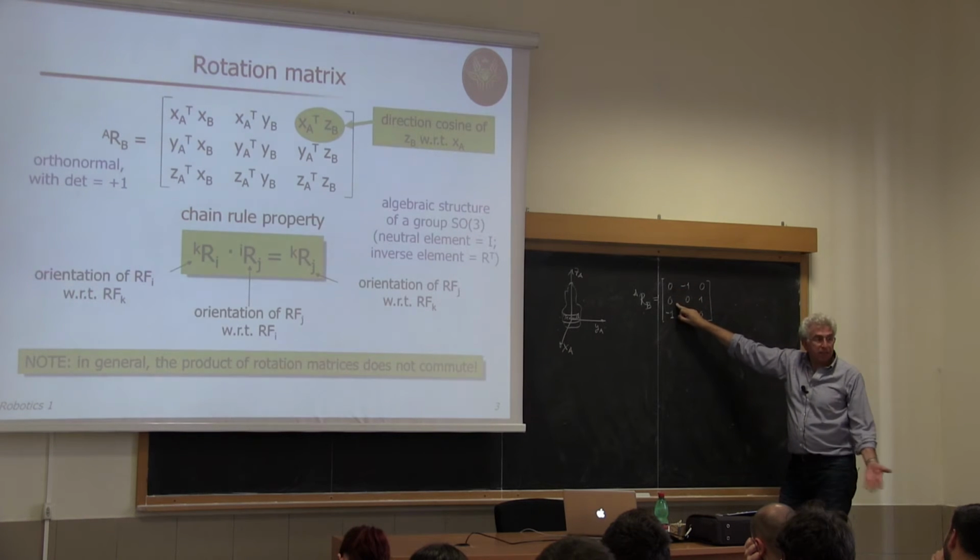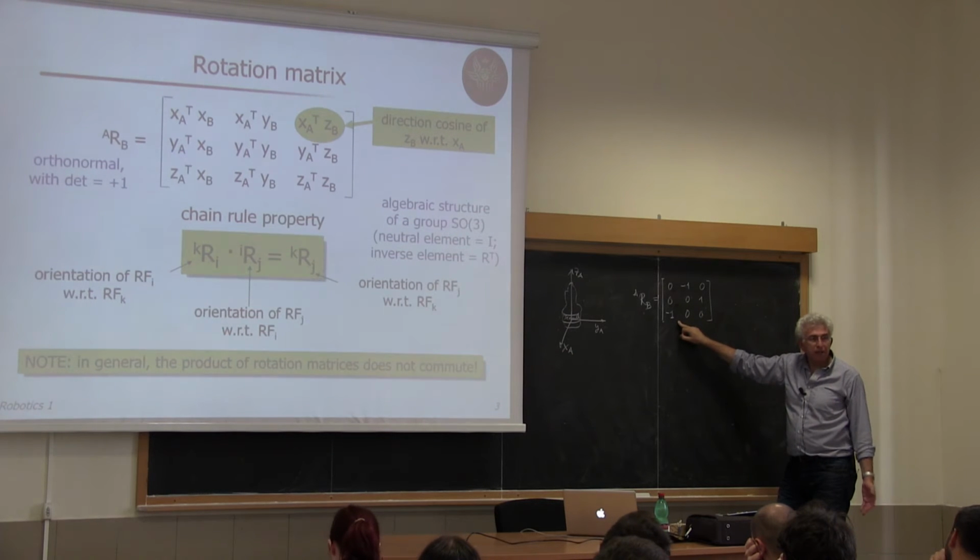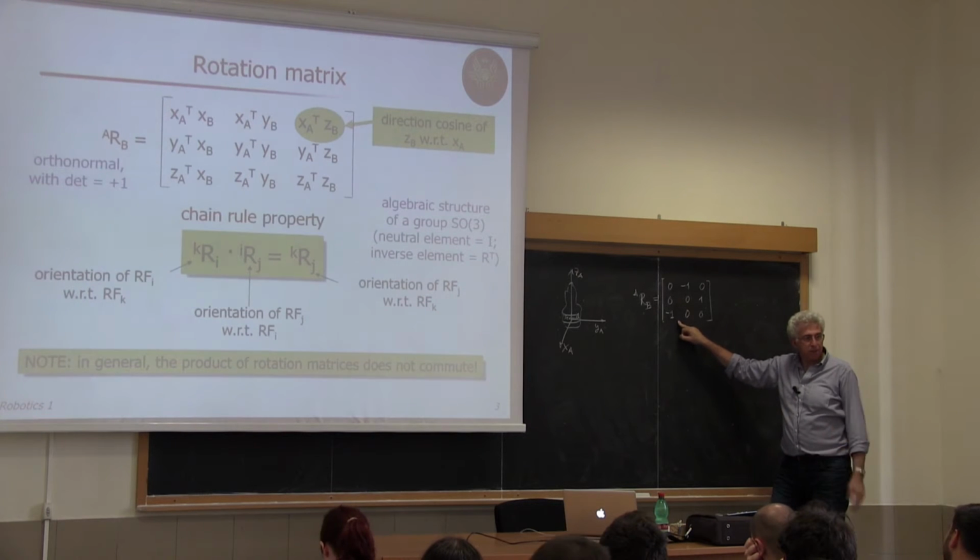The 0 here means that xb is orthogonal to ya, and the minus 1 here means that xb is aligned with xa but has the opposite direction.